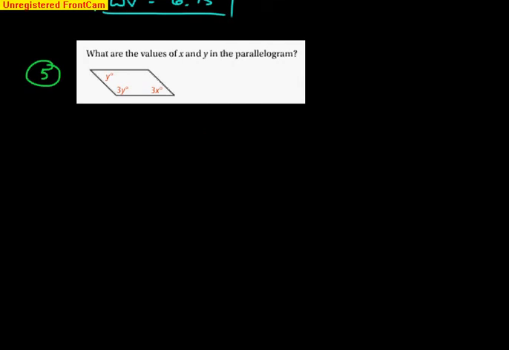Okay, number 5 here, it says, what are the values of x and y in the parallelogram? Okay, so we know that this is a parallelogram. So we have the definition, we have 4 properties. Well, I see 2 angles that have y. They are the consecutive angles. We need to remember that consecutive angles of a parallelogram are supplementary. Recall that these lines are parallel.